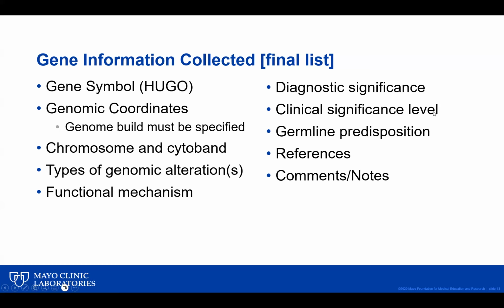The clinical significance level, which we went through, and germline predisposition, if any variant in that gene predisposed to cancer. We added references, which could be PubMed IDs or WHO references, and then also any comments and notes that speak to nuances within that gene were added manually, ad hoc, by the reviewers.